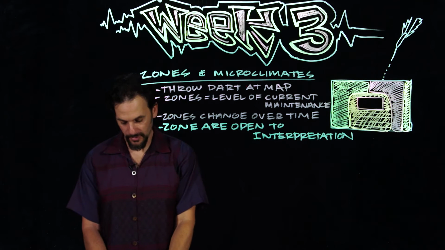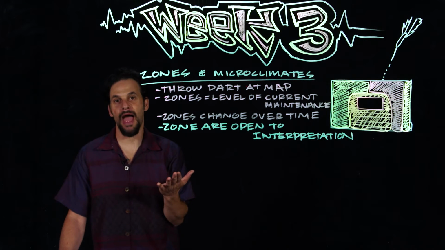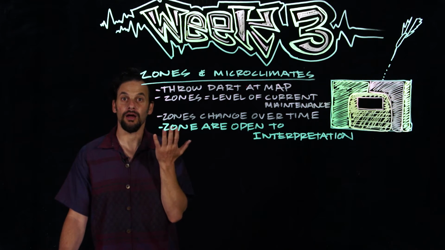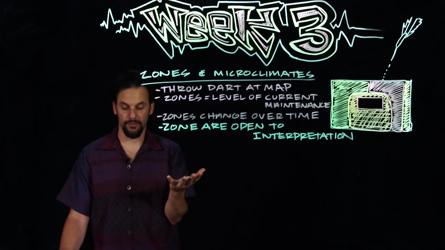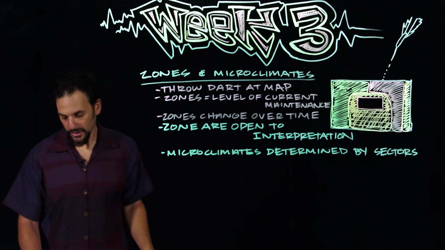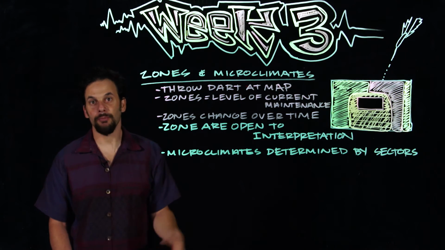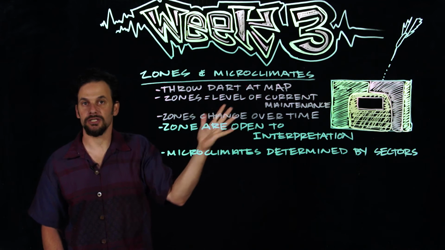So let's talk about microclimates for a minute. Your microclimate map is really a response, an interpretation of your sector map. So you're going to look at the areas of your sector map. Oh, you have an area where you have strong winds coming in. It's very exposed.